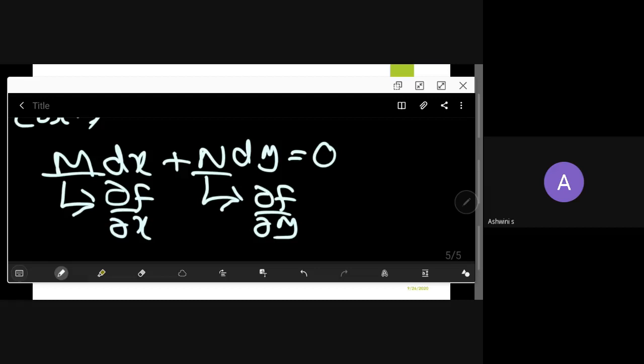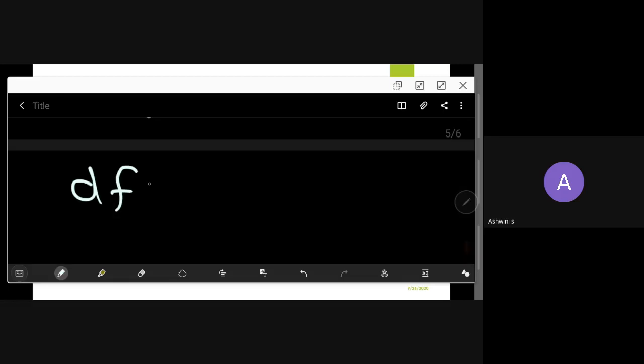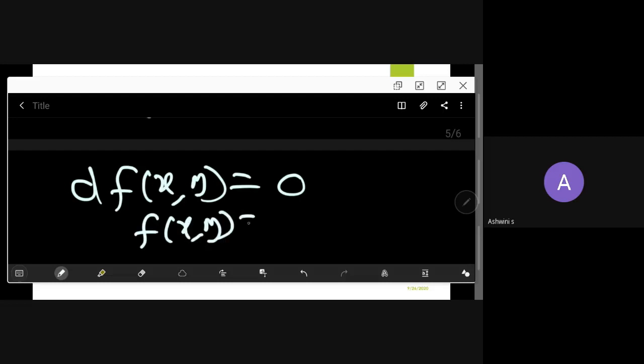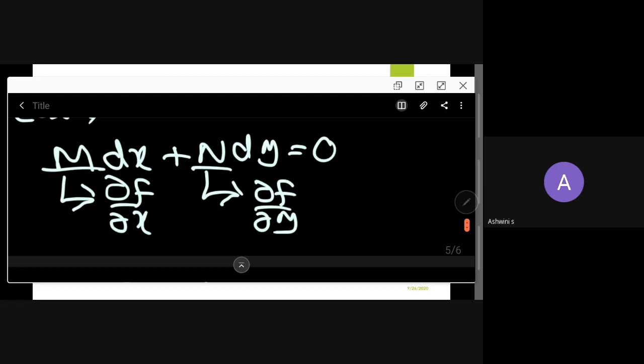So it is nothing but d of f of xy is 0. Derivative of something is 0 means you can have f of xy is equal to constant as a solution.